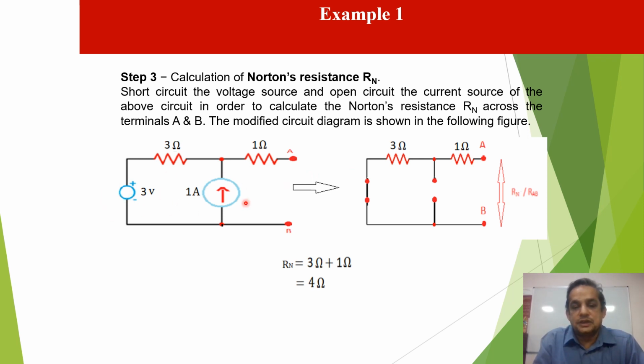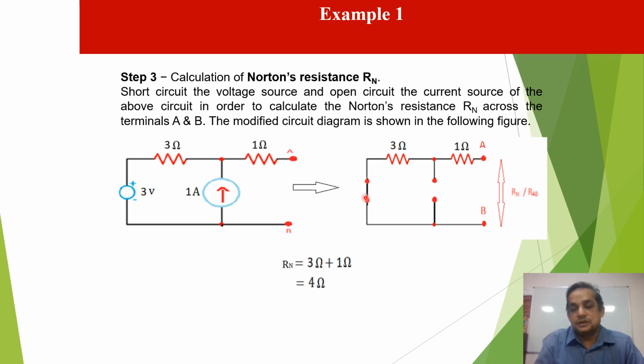All sources are replaced by their internal resistances in order to calculate the Norton resistance Rn across the terminals A and B. Here always remember, we are not short circuiting, we are calculating Norton resistance, so we do not short circuit A and B. Generally many students short circuit terminals A and B. So remember, we calculate the resistance across A and B.